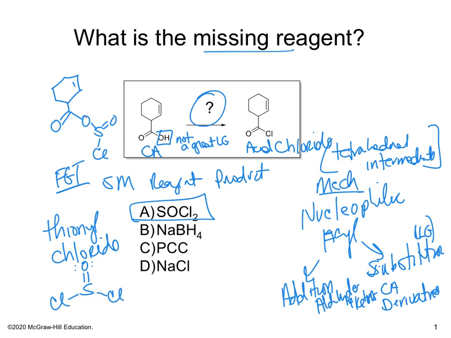The oxygen-sulfur group is now a great leaving group, and the Cl is now able to do the nucleophilic acyl substitution, replacing the OH with one of these Cl's. This is an acid chloride, so you need to know those functional groups.